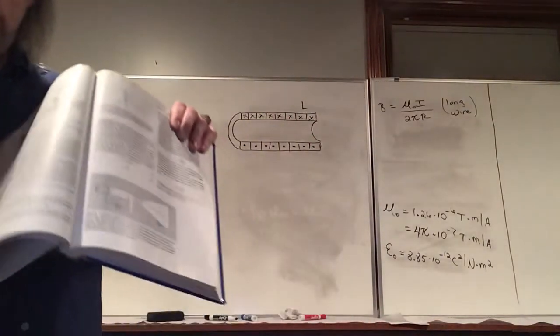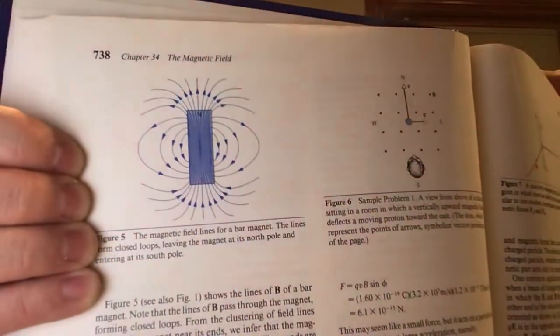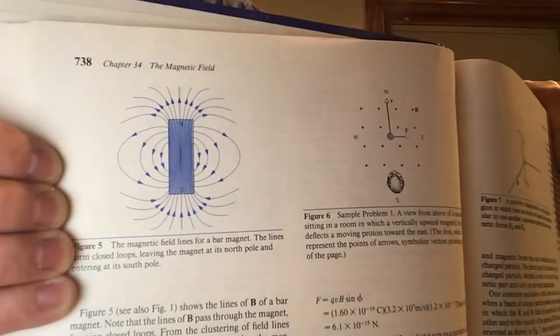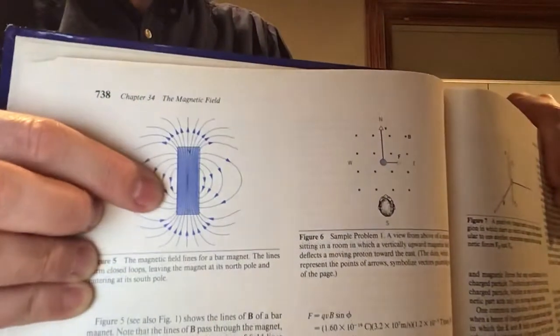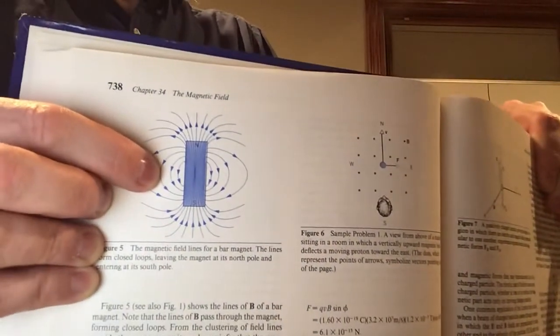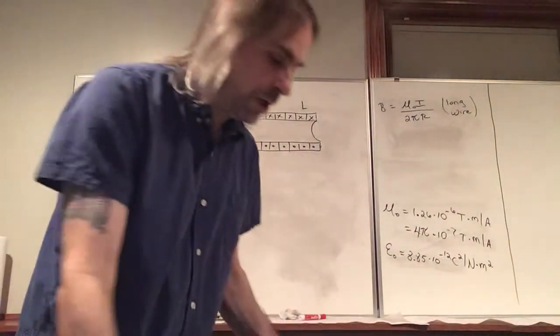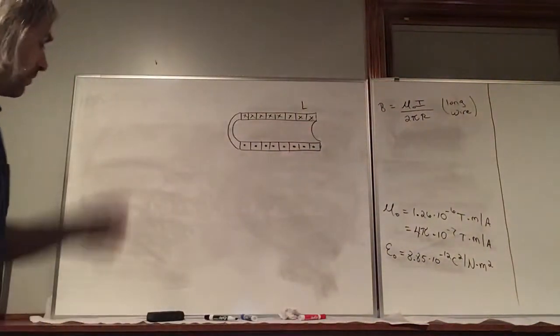Let me hold this up here. So that would be what the magnetic field lines look like around a solenoid. Here's our solenoid, it's a cylinder, you're looking down on it. That's what the magnetic field would look like.